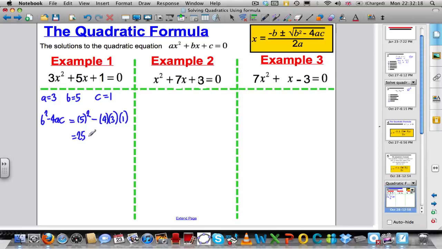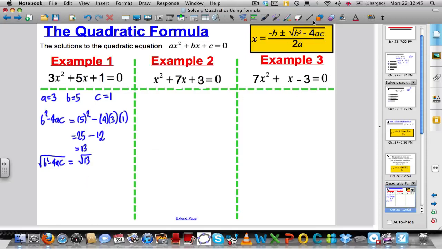So you're going to get 25, take away 12, and the answer is 13. So this thing underneath the square root, b squared minus 4ac, the discriminant, is equal to 13. Then I'm going to square root it just to make substitution easier. The square root of b squared minus 4ac is therefore the square root of 13.